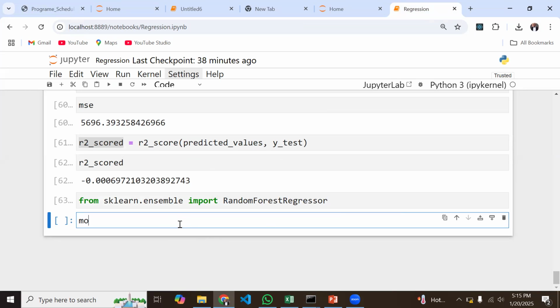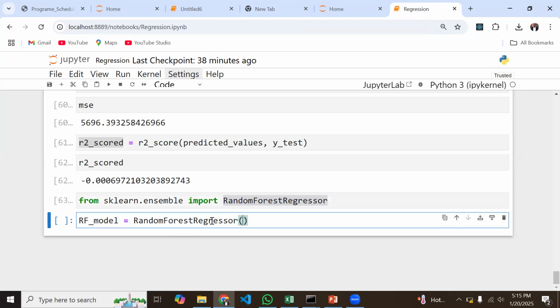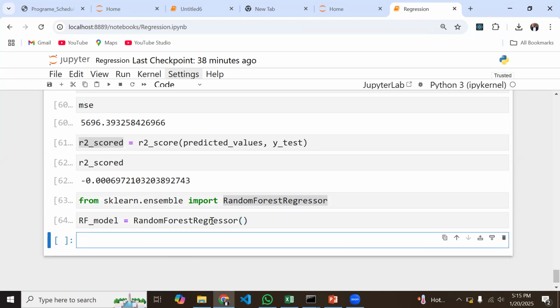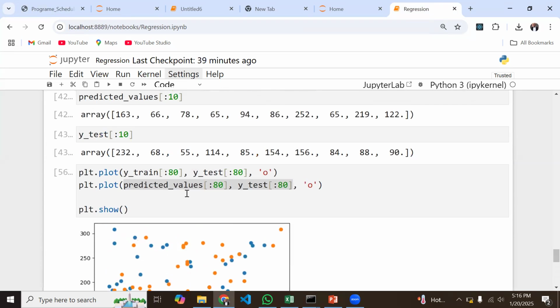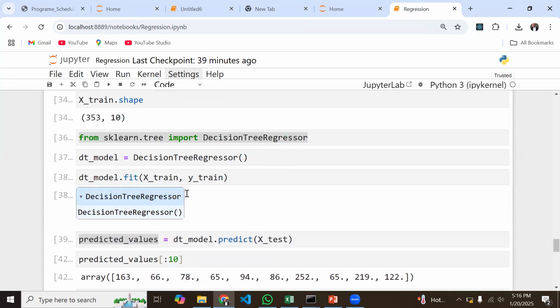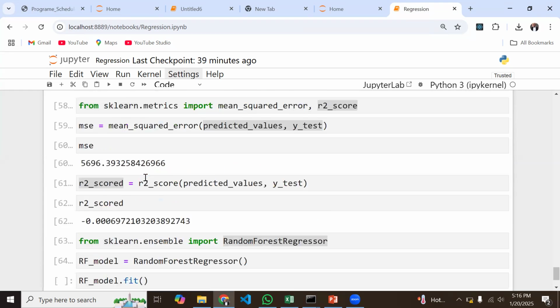To do random forest, the RF model is going to be equal to what I have over here, and then we instantiate it this way. Then we can have the RF model dot fit, and then we pass in the values just as we did earlier, X train, Y train over here.